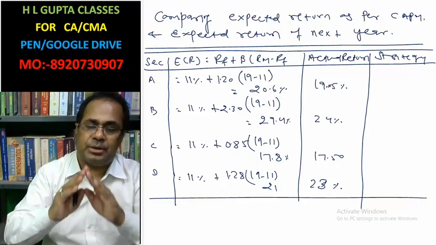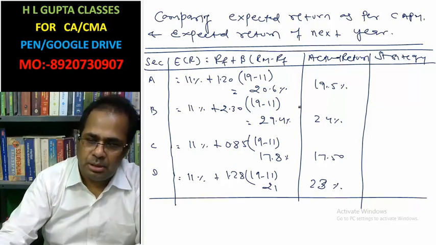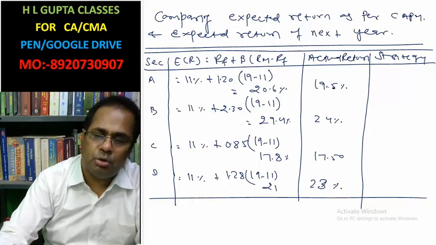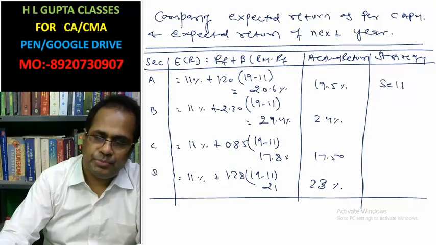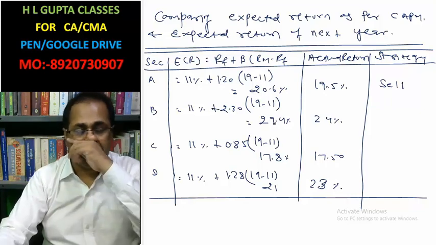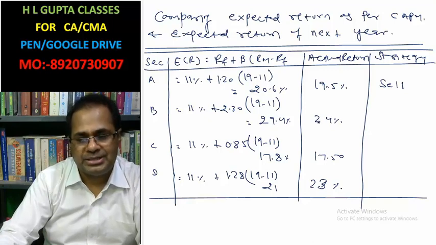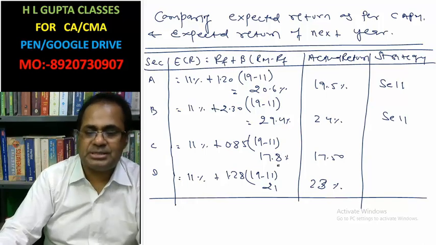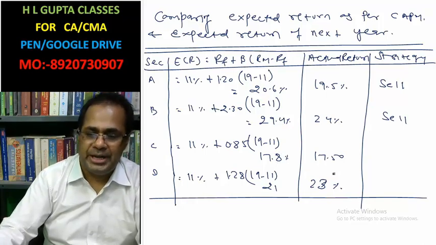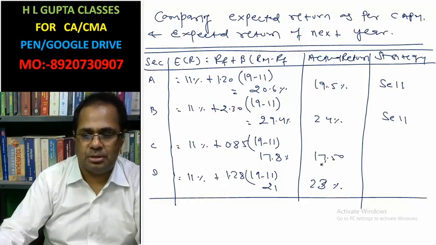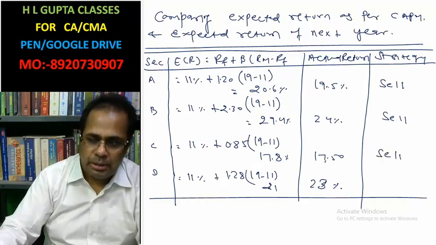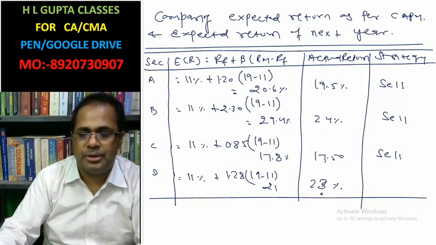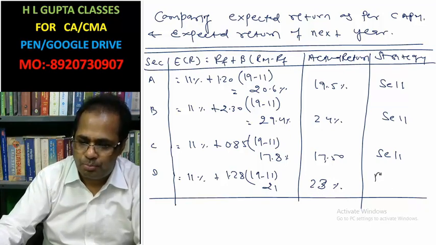I had made this in concept classes. The investor is expecting higher, but the company is giving lower. That's why this company should be sold. The investor is expecting 29.4%, but is receiving 24%. That's why this should be sold. The investor is expecting 17.8%, but the actual return is 17.5%. This is also lower, so it should be sold. The investor is expecting 21%, but the company is providing 23%. That's why it should be bought.